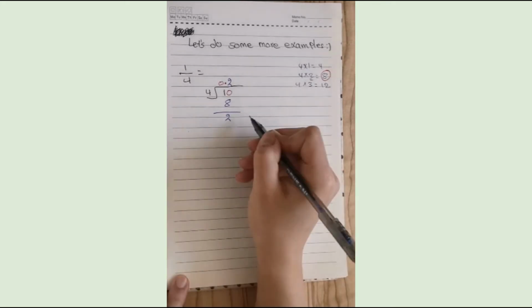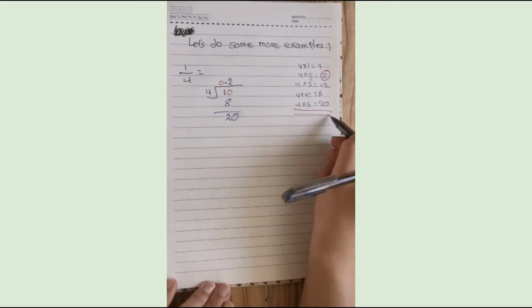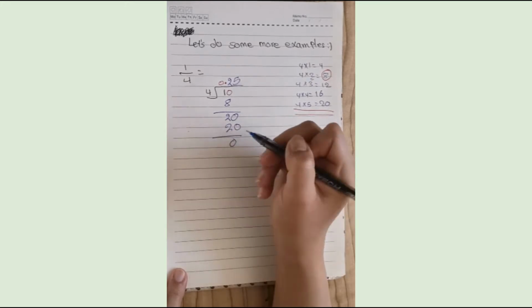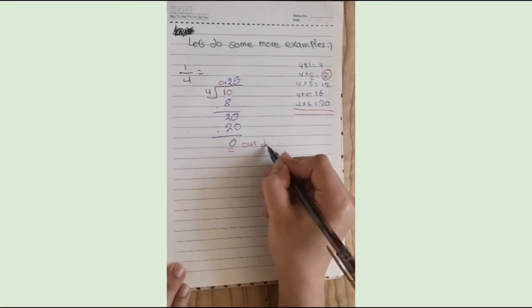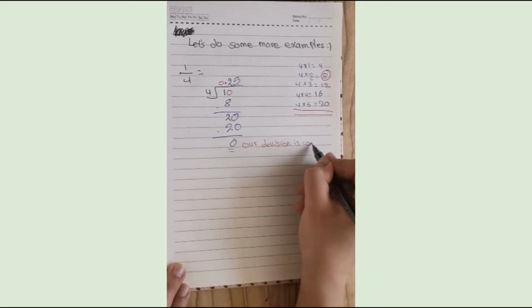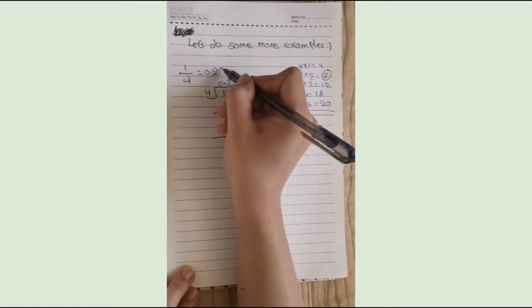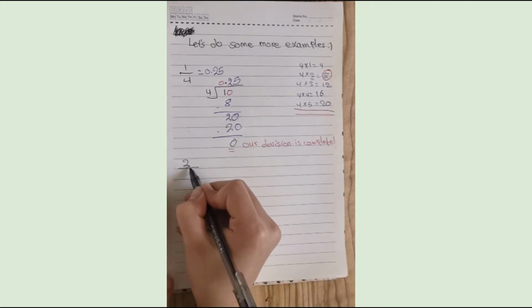Okay, 10 minus 8 is 2. We put a 0. What number, if we multiply it by 4, we get 20? It's 5. 5 times 4 is 20. We get 0 and our work is complete. We don't have to do anything else. Okay, so 1 out of 4 equals 0.25.